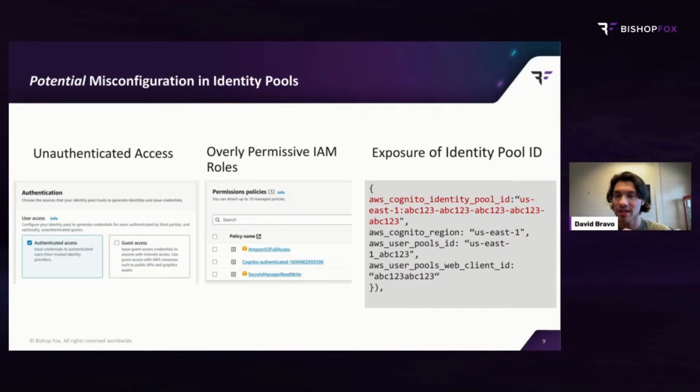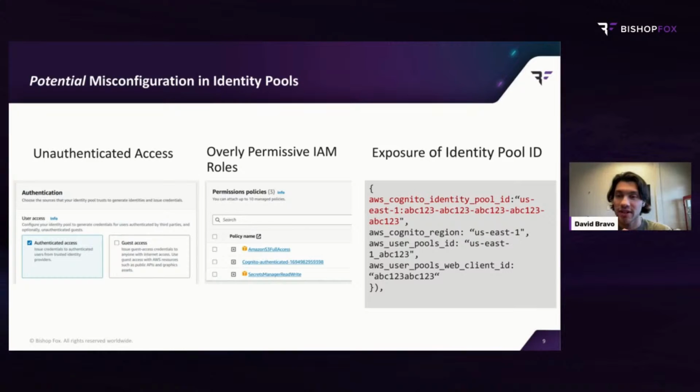So this first misconfiguration, again, depending on the context, these configurations may be on purpose, maybe you have a good business use case, or they may not. So it really depends on the context.